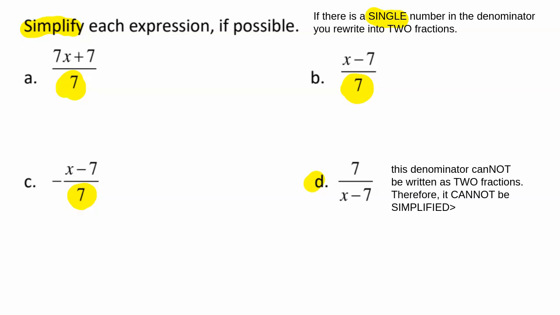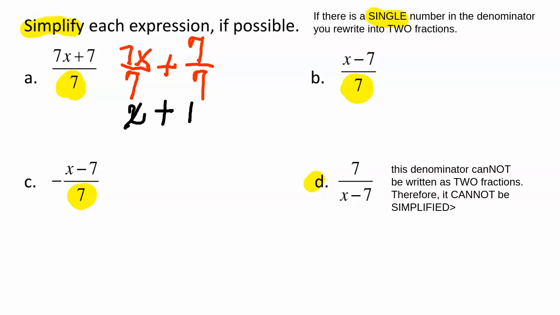Whereas in A, notice what I have. I have 7x divided by 7 plus 7 over 7. Now I can simplify each fraction. This will give me x plus 1.